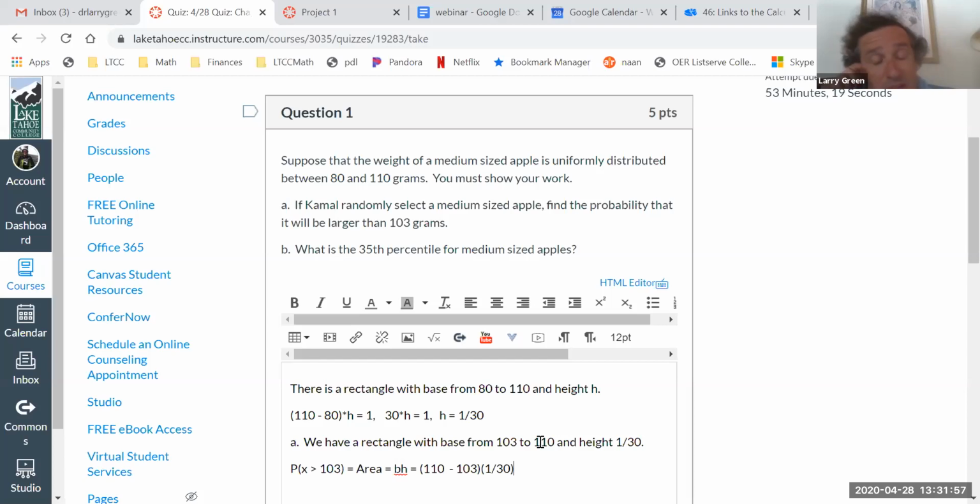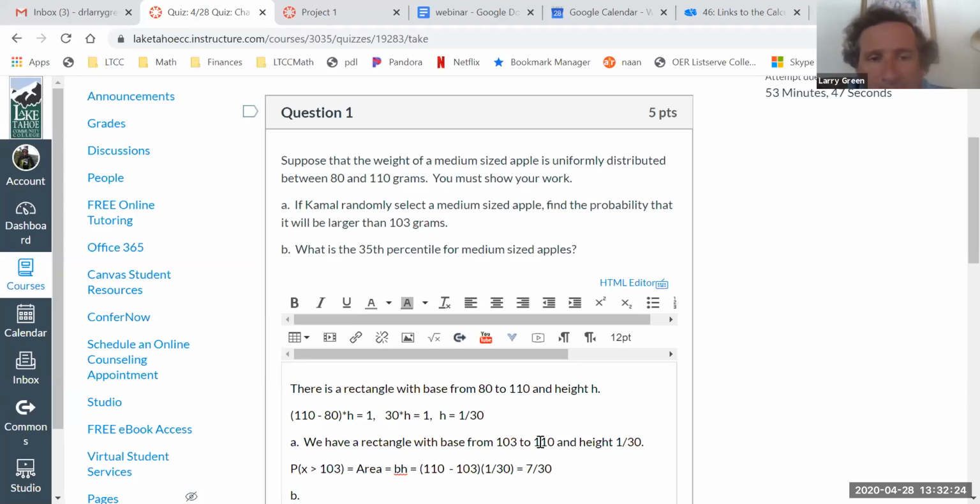That was the whole point of doing the prelim stuff. And then 110 minus 103 is 7, and you get 7 over 30. And there's our probability. Any questions at all on this example? Any questions on this part A? Okay, let's go to part B.